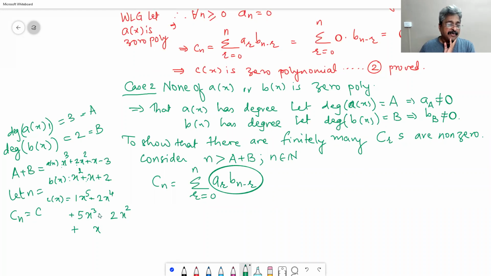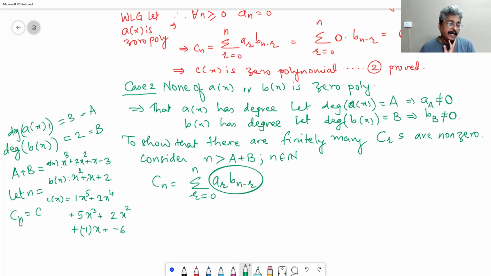What is the coefficient of x? This into this, that is 2 minus 3 into 1, so minus 1. And what is the coefficient of x raised to 0? Minus 6. Okay, so when we are finding these coefficients, we are actually following this rule.